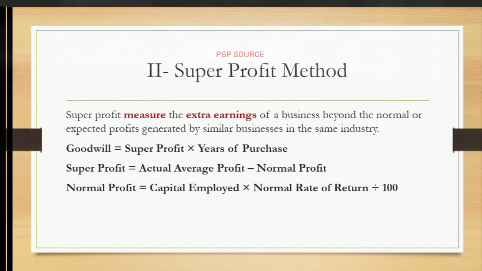For example, if I set a profit benchmark of rupees 1,50,000, but the actual profit I earned is rupees 2,50,000, the excess of 1 lakh is called super profit. The formulas are: goodwill equals super profit into years of purchase. Super profit equals actual average profit minus normal profit. Normal profit equals capital employed into normal rate of return divided by 100.